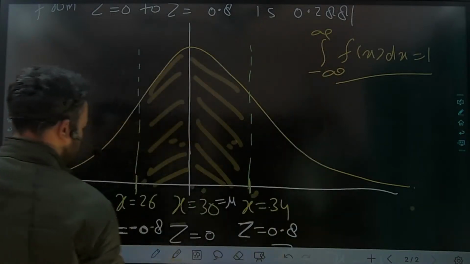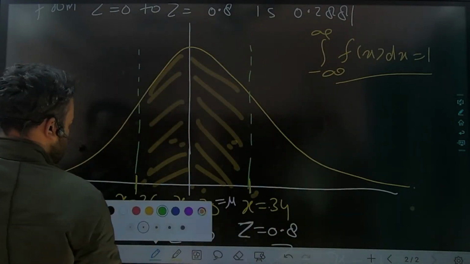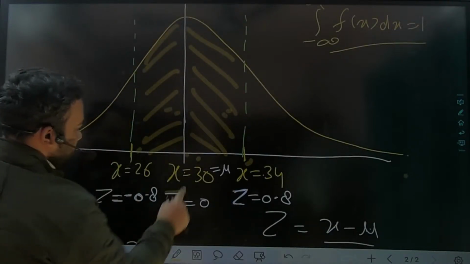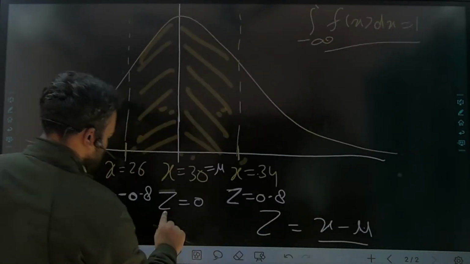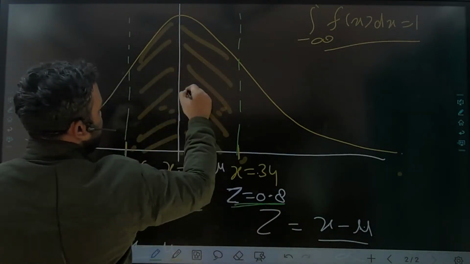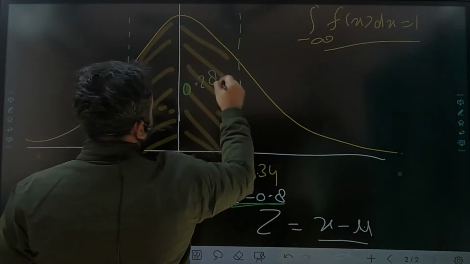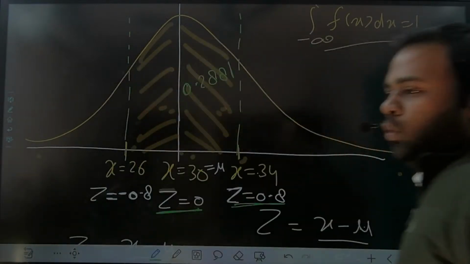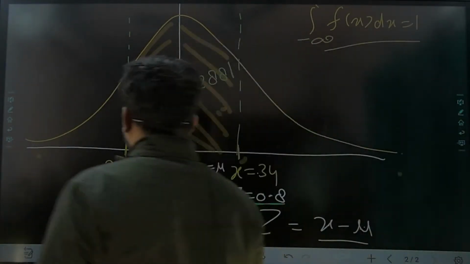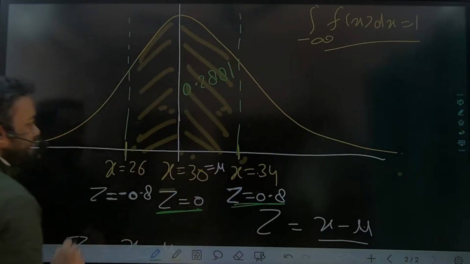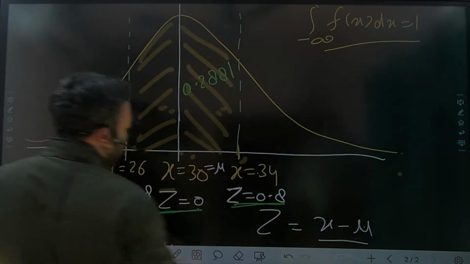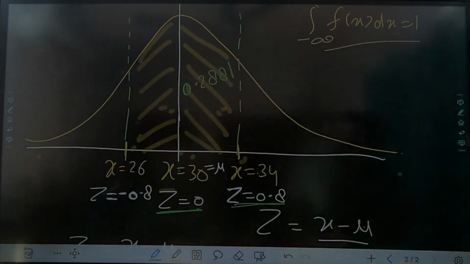What I have to find is the probability from 26 to 34, which is as good as finding the probability of z from minus 0.8 to plus 0.8.